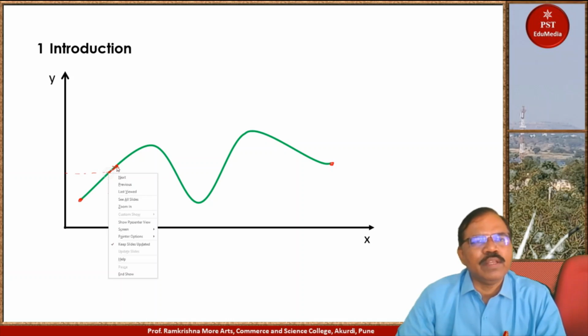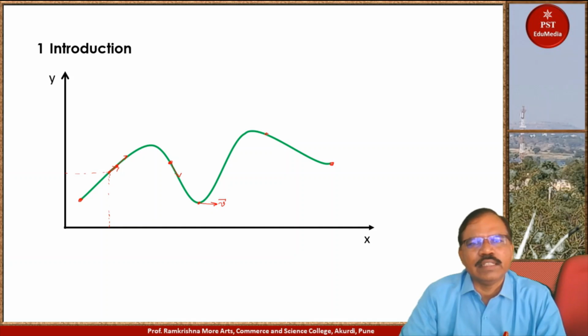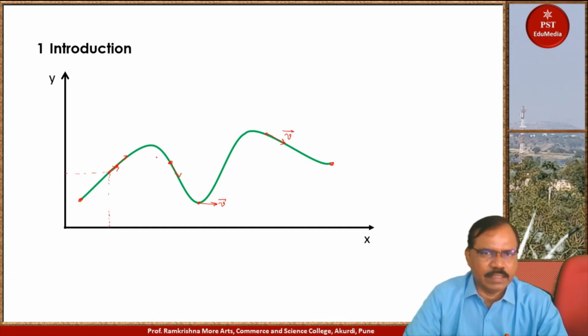Here the body will have velocity and that velocity will have some direction. If the body comes here, it has velocity at that point, and the direction of velocity is tangential to the path. When it is here, velocity is tangential to the path. So direction is important here.